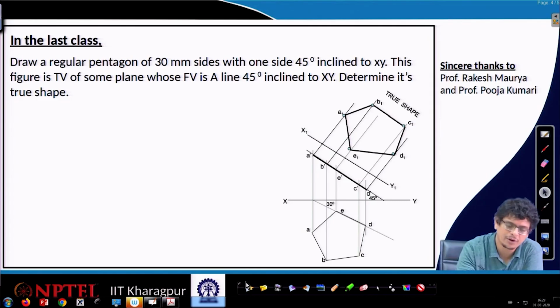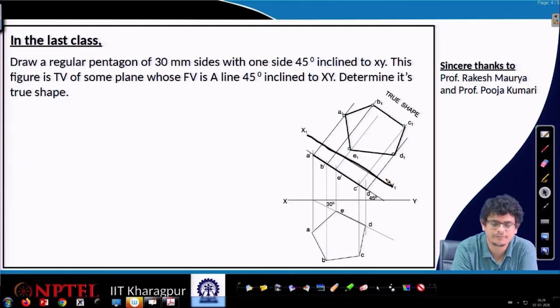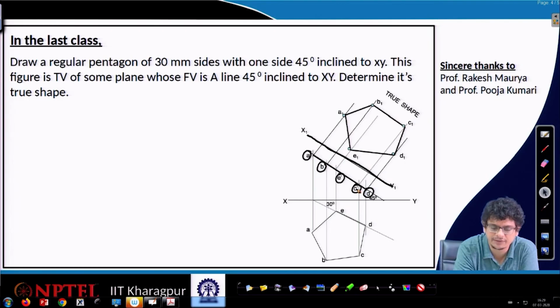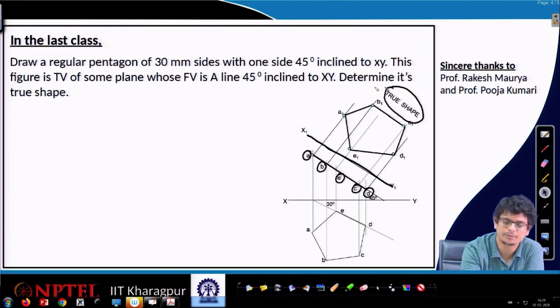Using that, we have used an auxiliary plane x1, y1, then projected these points A prime, B prime, E prime, C prime, D prime in such a way that the distance between the xy plane and these points is represented into A1, B1, C1, D1 and E1. Joining these, we got the true shape.